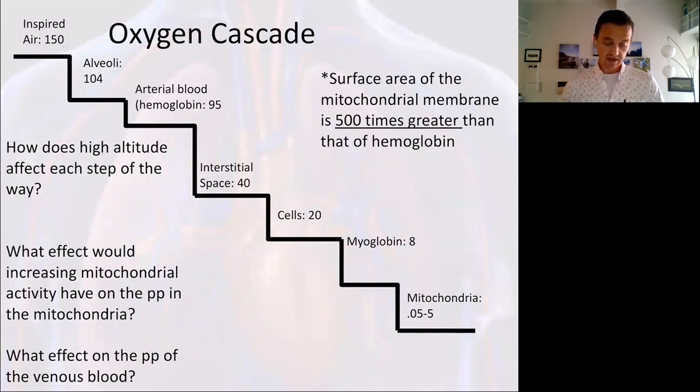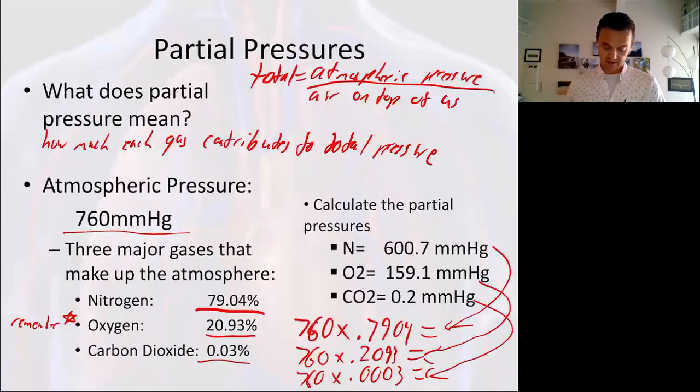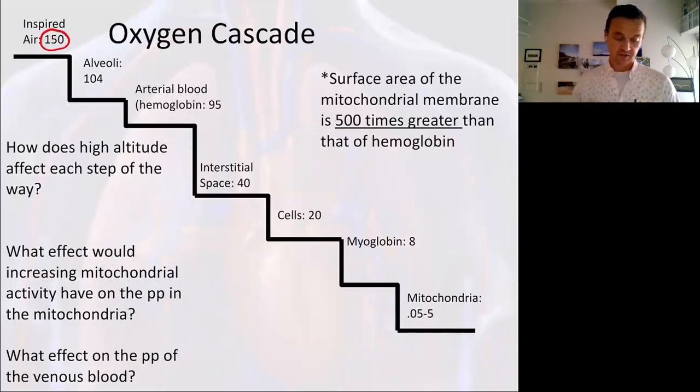So when we breathe that air in, we might say that we've got around 150 millimeters of mercury of oxygen, okay? Here we said it was 159. It just means our atmospheric pressure in this example is a little bit lower than the 760, but that percentage of oxygen does not change, okay? So we go from 150 in the inspired air. By the time we get it down to the alveoli, it's only 104.